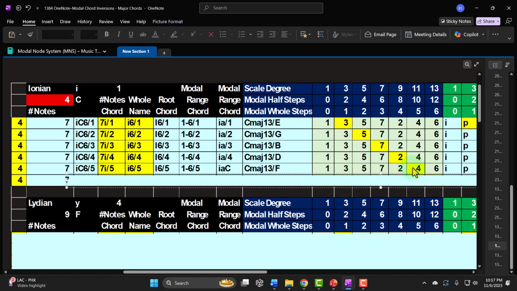We're going to invert that nodal point number 4, which is going to be the Lydian nodal point.